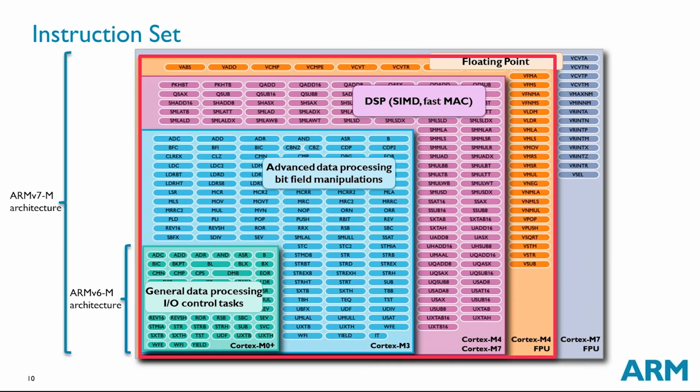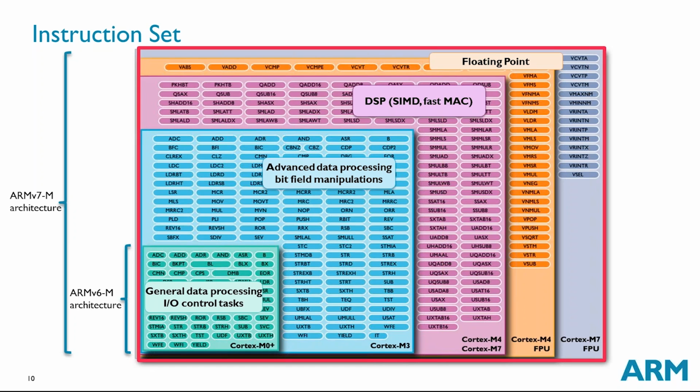The Cortex-M4 and also the M7 have an optional floating point unit with single precision accuracy, and the M7 has an optional floating point unit with single or double precision accuracy, and therefore has the matching instructions.